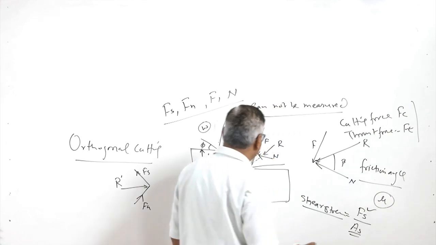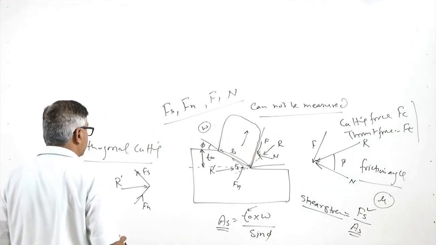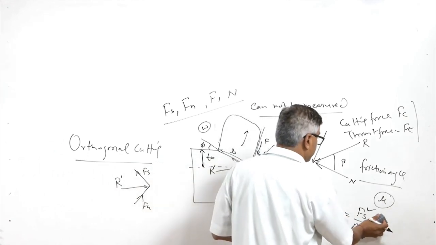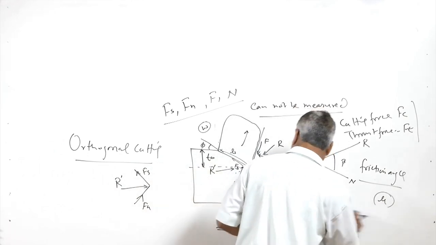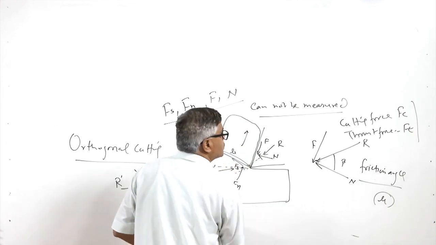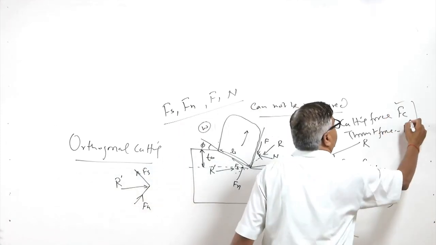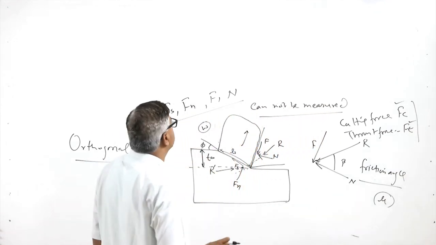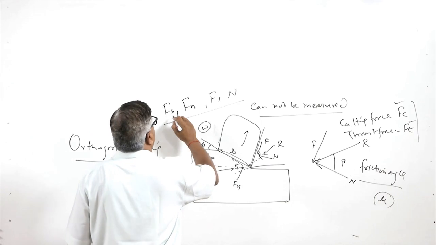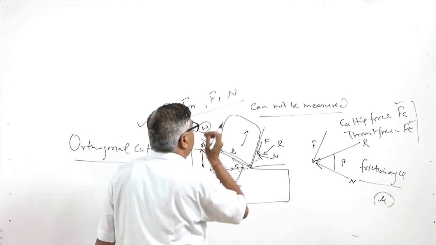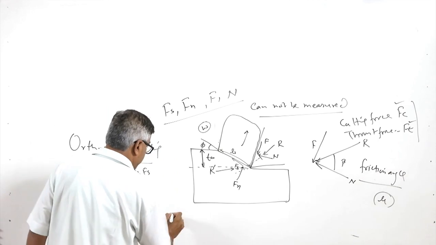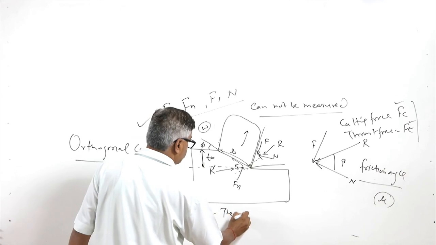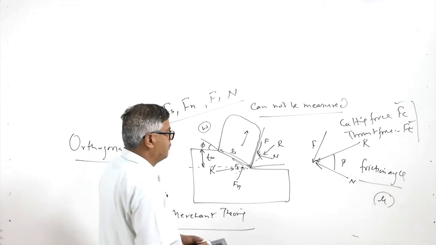These Fc and Ft can be measured during machining with the help of the tool dynamometer. So, Fc and Ft are the measurable parameters, and using these two forces we can calculate Fs, Fn, F and N, but for this, the typical Merchant theory is used.